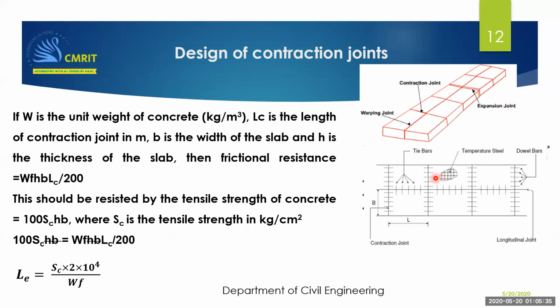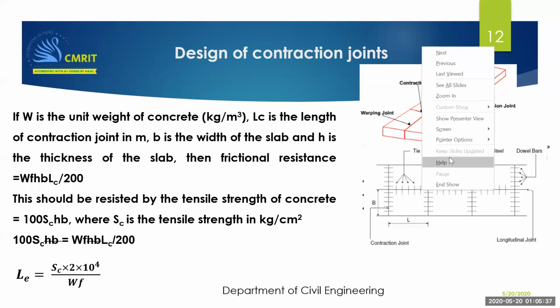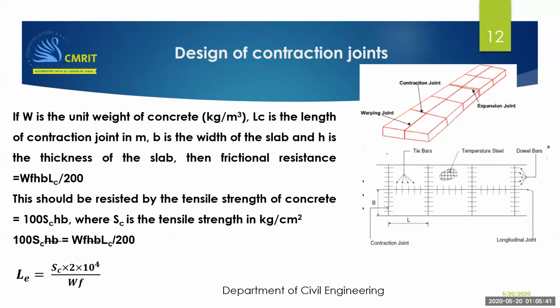We know that if this is a joint, this side as well as this side, they both will try to have an expansion or contraction towards one end. Because of this, we need to consider only half of the length, because only half of the length will be subjected to contraction or expansion towards an end.